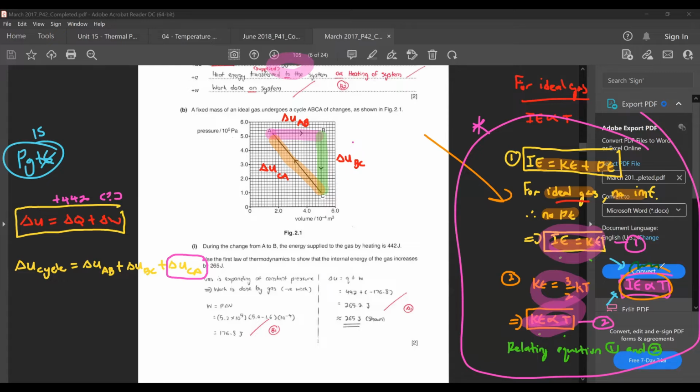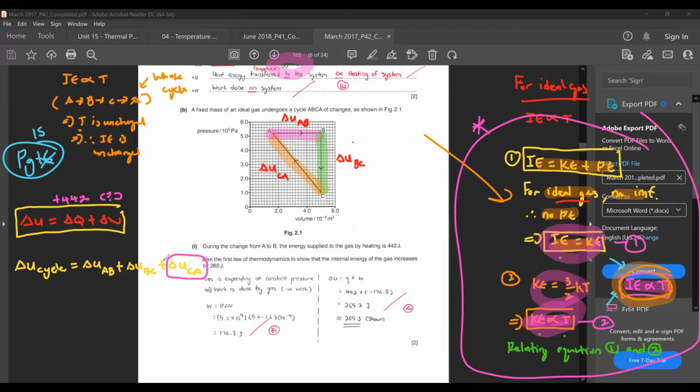After all the little derivation, you should know by now that the internal energy of an ideal gas is proportional to temperature. If you go from A to B to C back to A, temperature is unchanged. Therefore, IE is also unchanged, because temperature did not change in the first place if you consider the whole cycle. This one, A to B to C to A, is the whole cycle itself.